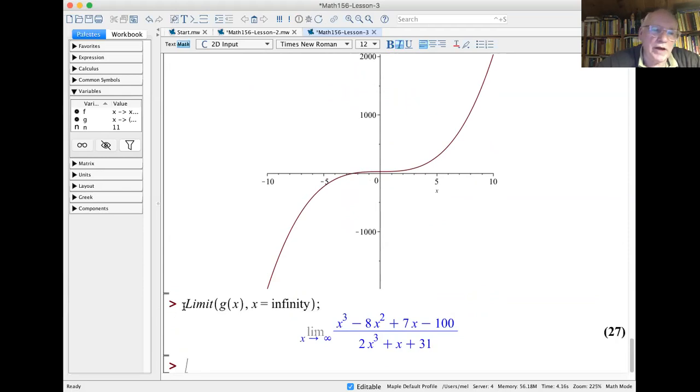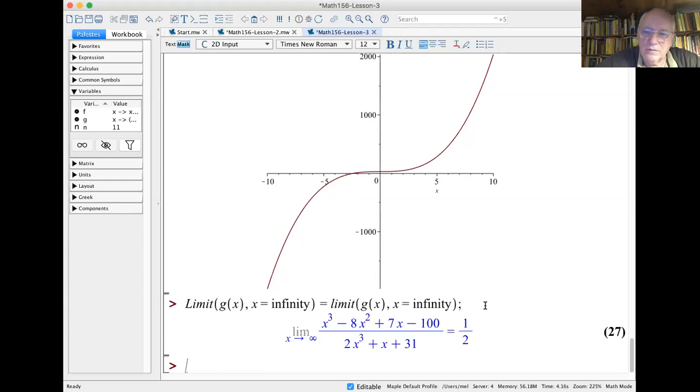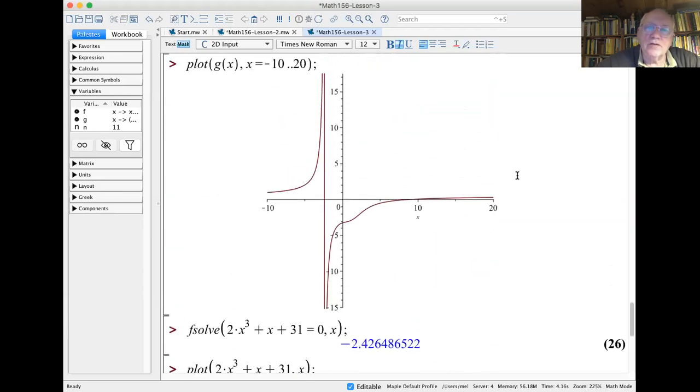I wrote this with a capital L, so I just got the statement of the problem. I have to write this equals lowercase l. It's equal to a half. So as x goes to infinity, this is approaching a half.